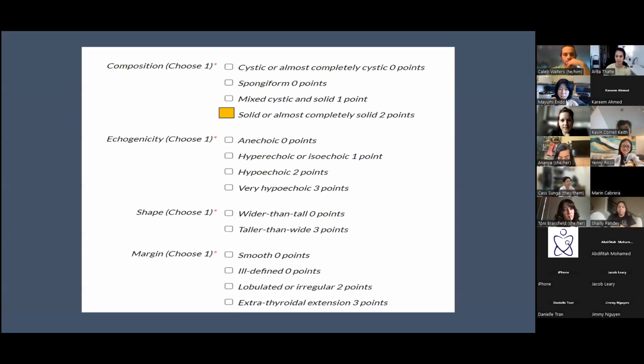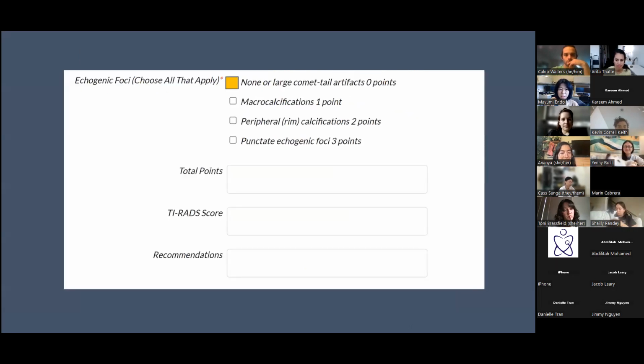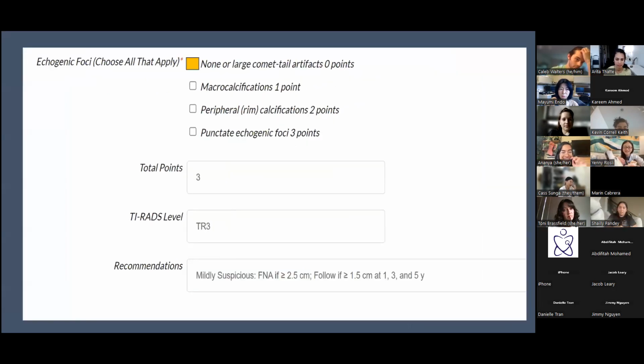This nodule is solid, it's isoechoic, it's wider than tall, margin is smooth, it has no calcifications. And in this case scenario, total points is 3, it's Thyroid 3, biopsy threshold is 2.5 centimeter, meaning this thyroid nodule does not need a biopsy.